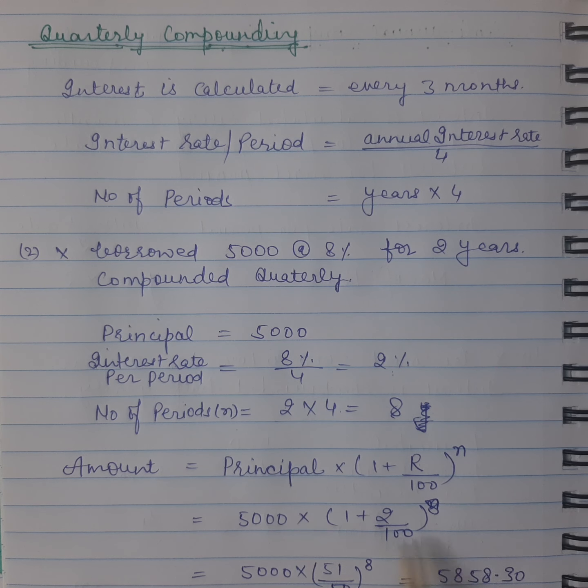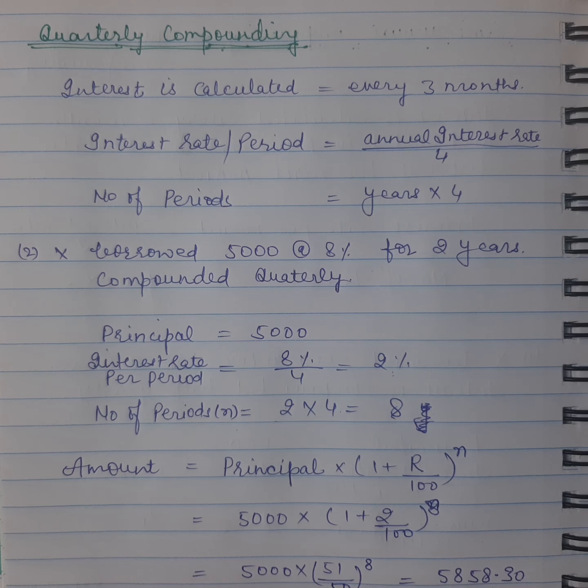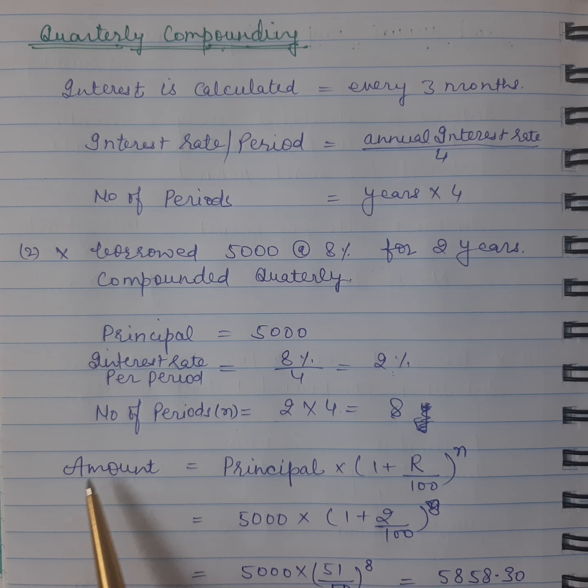If we solve 1 plus 2 divided by 100, we'll get 51 divided by 50, and if we solve this expression, we'll get 5,858.30. So the amount is 5,858.30, and the interest is amount minus principal, which is 5,858.30 minus 5,000, which is 858.30.